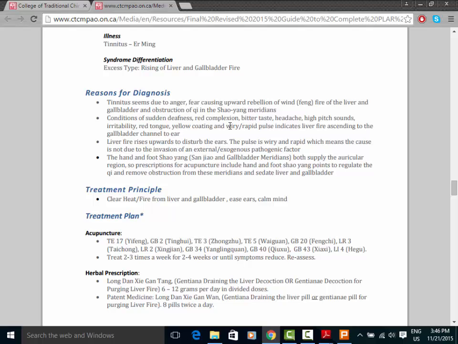This is the sample that you're given, and you're expected to be able to describe a TCM disease diagnosis according to the signs and symptoms to this level. So if you read this and you're not sure, you have a little bit of studying up to do. Okay? All right.